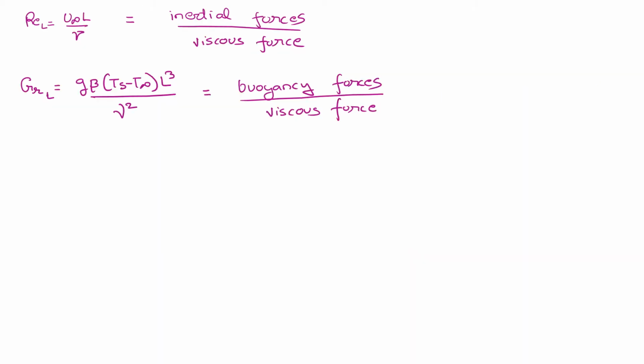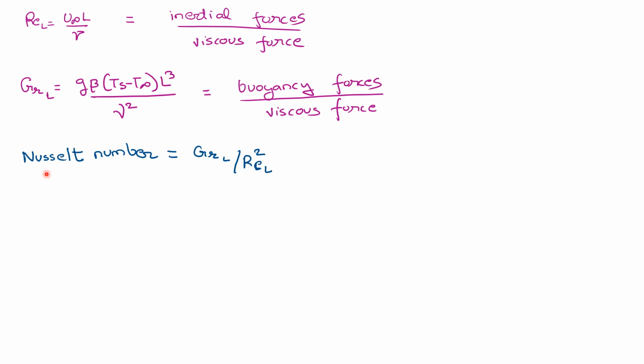So moving on, so far we have looked at two types of numbers which are sort of analogous, and which create an analogy between fluids and heat transfer. The first is the Reynolds number, which is the ratio of inertia to viscous forces, and the second is the Grashof number, which we just derived.